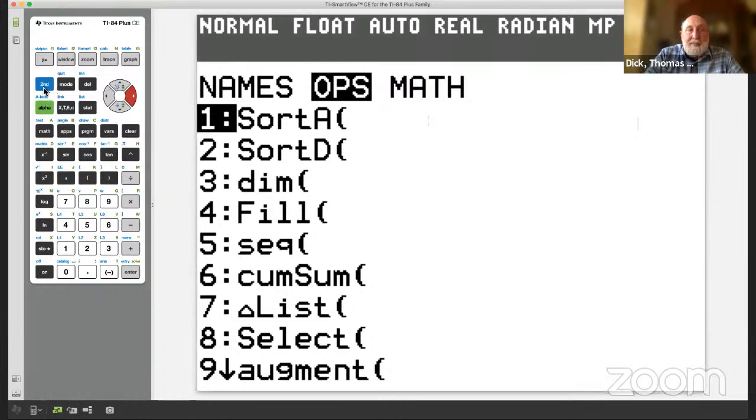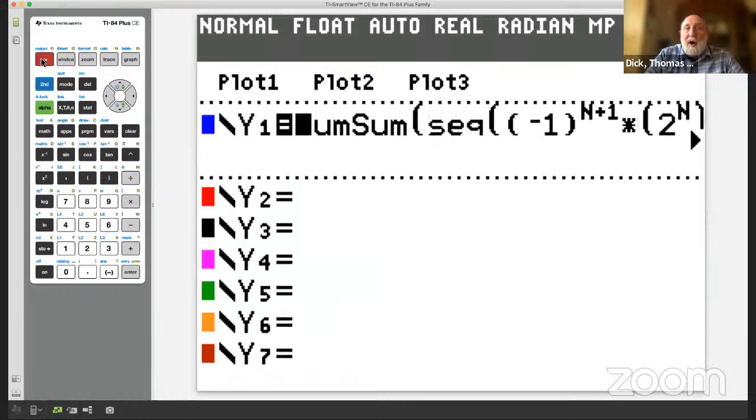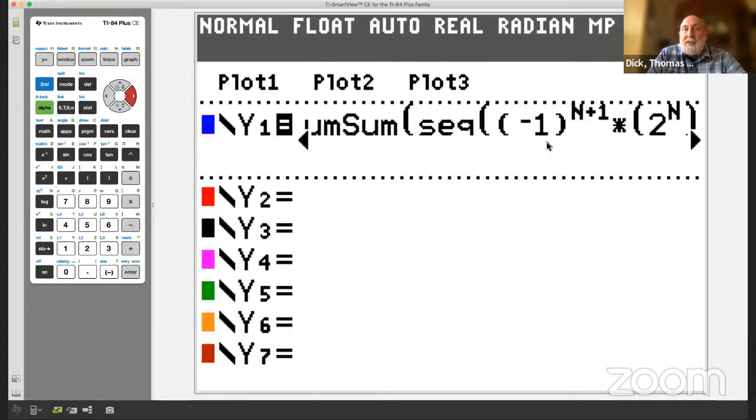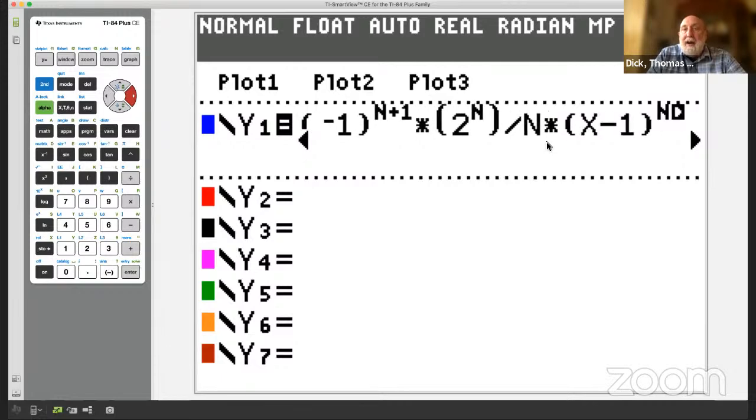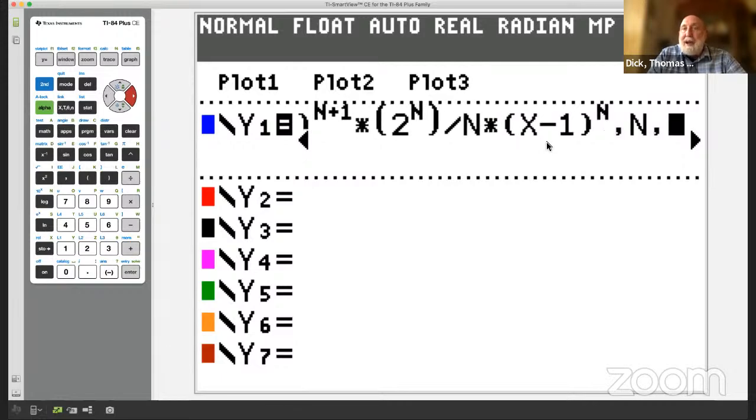Well, let's quit out of here and go over to the y equals menu. And you can see I'm using that cumulative sum of a sequence. Let's see if I can scroll over here so you can see more of it. It's actually the sequence of terms defined by Steve's power series.